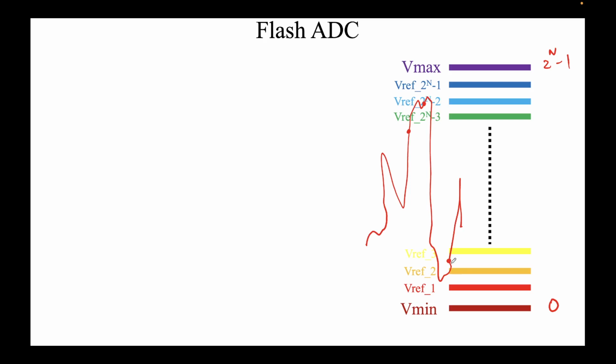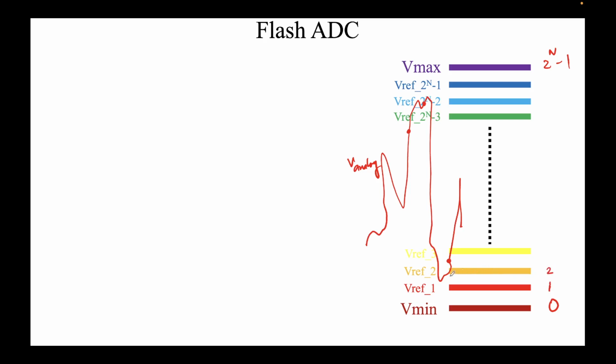It will compare the analog value, V analog, to the reference value. You can see the analog value is greater than Vref2, so this will assign it the value 1, and this will correspond to 2. When you convert it to decimal, this binary will come out to be 2.